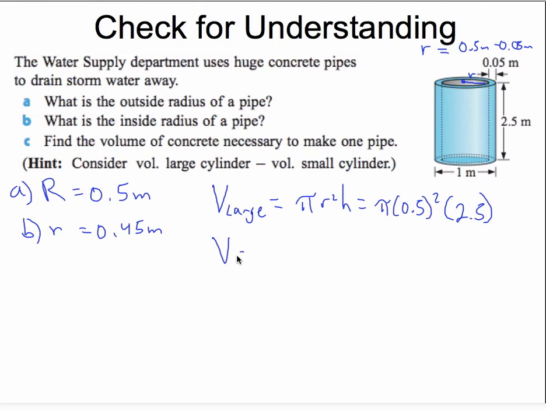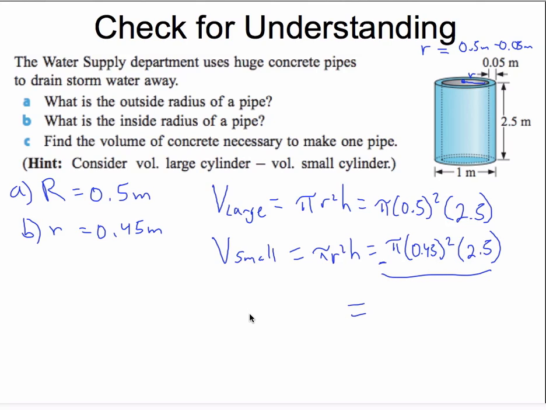And the volume of the small cylinder equals, again, pi r squared height, but the radius is different. It's going to be 0.45 squared times the same height, which is 2.5. Okay, so I can get these two quantities and subtract them and I get the final answer, the volume of the concrete.